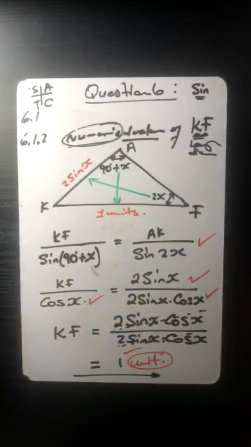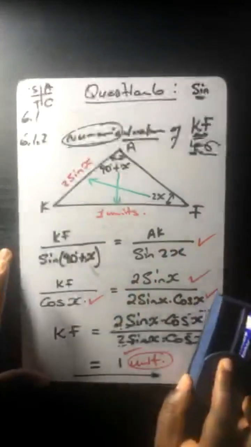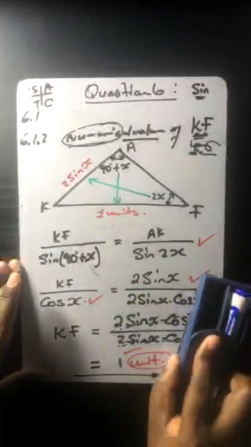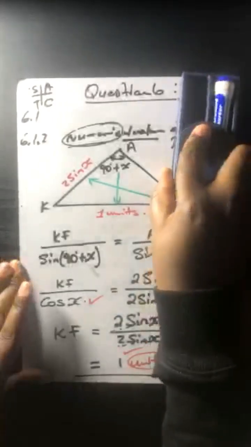So I would like to just indicate to you guys that this type of questions are not that complicated. It just gets tricky only if you don't know how to deal with the compound angles and double angles. So you need to be able to deal with those.